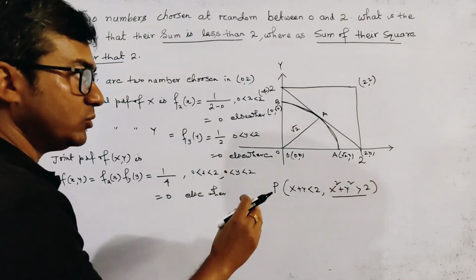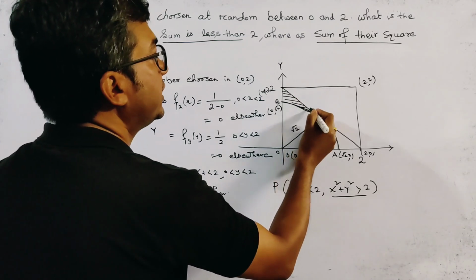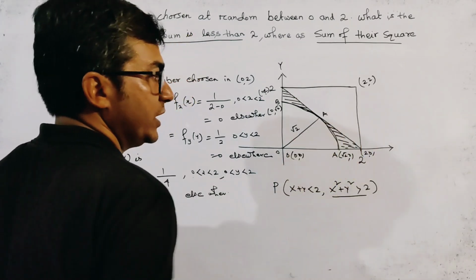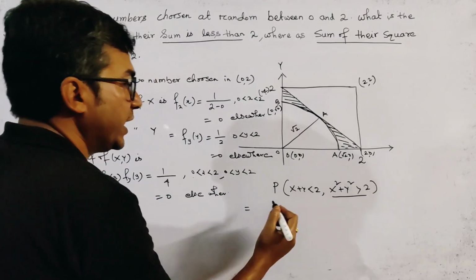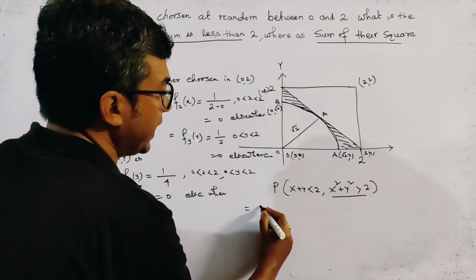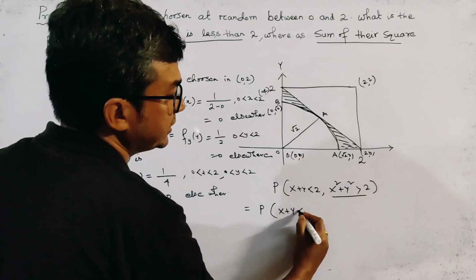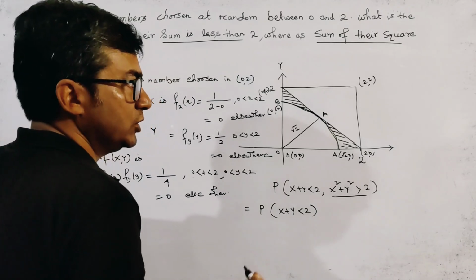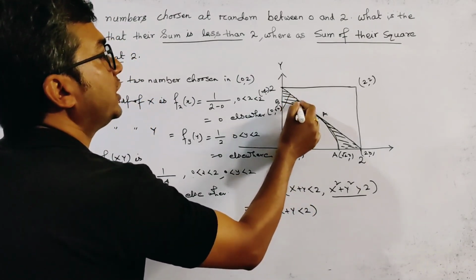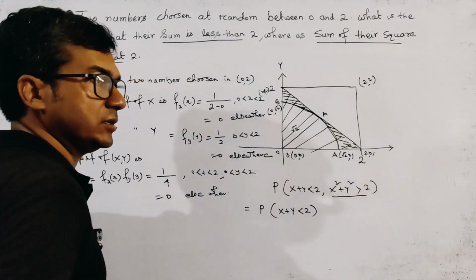Now we have to find the probability of the region. This is our required region. This probability can be evaluated by taking the probability of x plus y less than 2, which gives the probability of the total region, that is the total triangle.